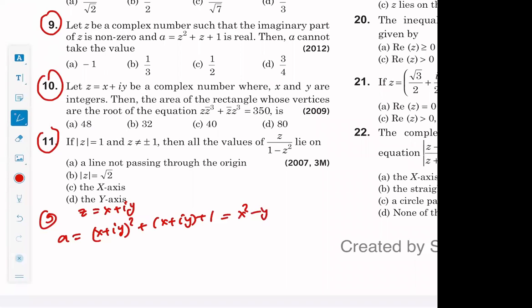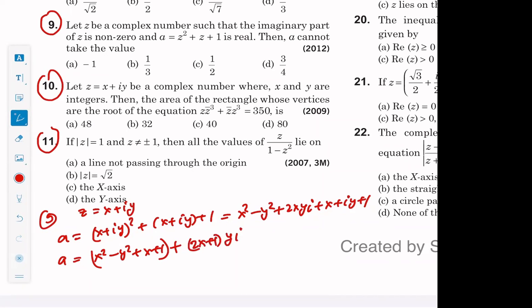So, x square minus y square plus 2xy into i, plus x plus iy plus 1. So, real part will be x square minus y square plus x plus 1, and imaginary part will be (2x plus 1) into y into i.